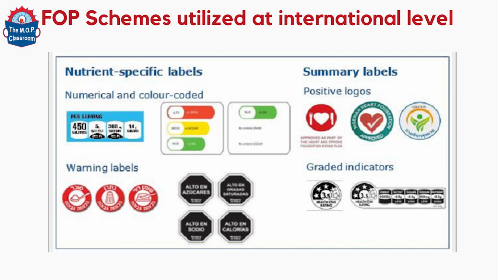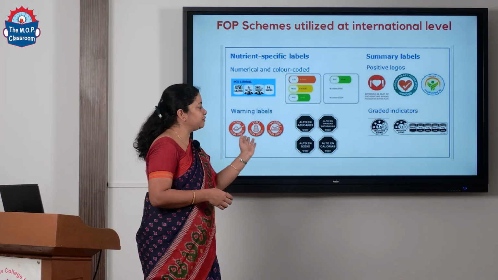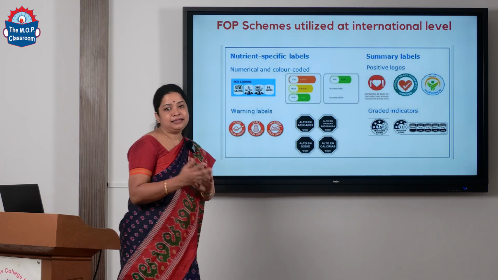It tells you which is red, like a high saturated fat, sodium or sugar content, and so on. The next one also gives you a warning about the high content of sodium, sugar, fat in any of the products. The next one is the positive logos, which tell you that a product is something which is heart healthy or good for human consumption. And the last one is the graded system, which India is also following, which talks in terms of the number of stars and the health implications.